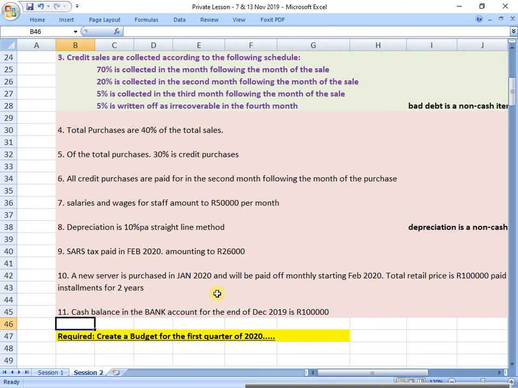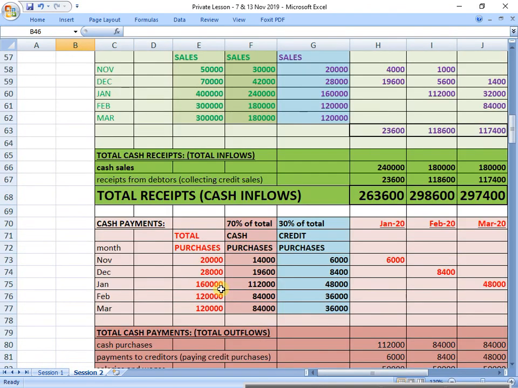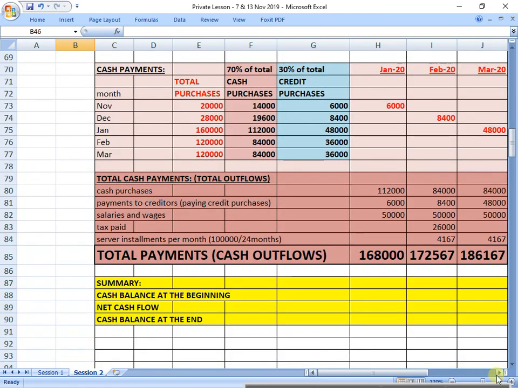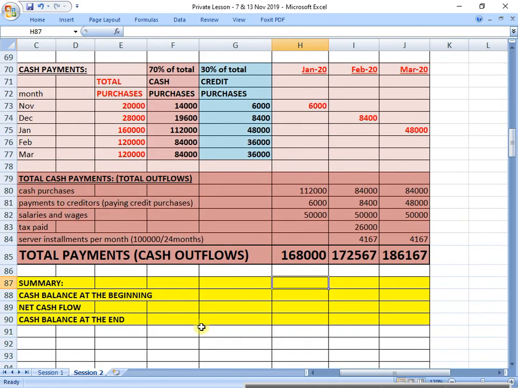That'll be in the information. I've just added it. So do we know how much they started with? Well, end of December is beginning of January. Do you agree? So end of December, start of January. That's the beginning. I started with the 100,000 sitting in the bank account.